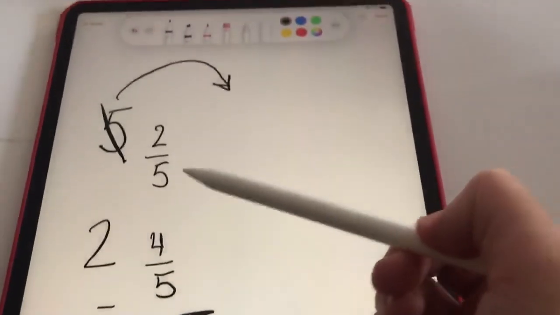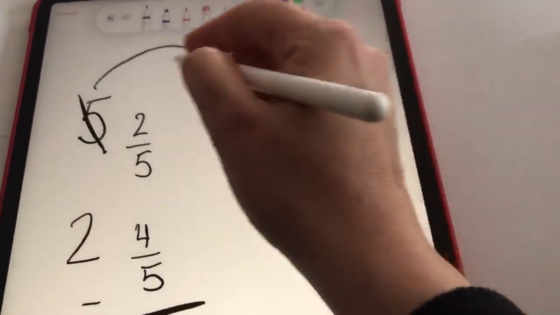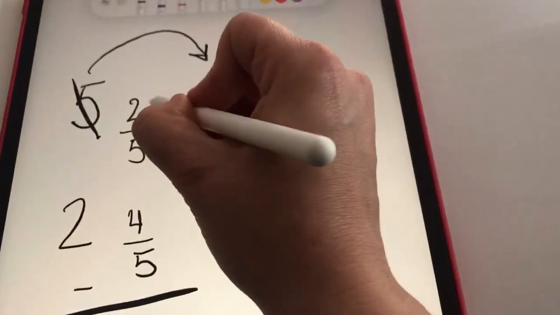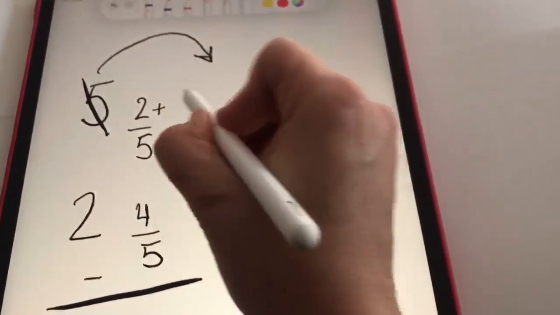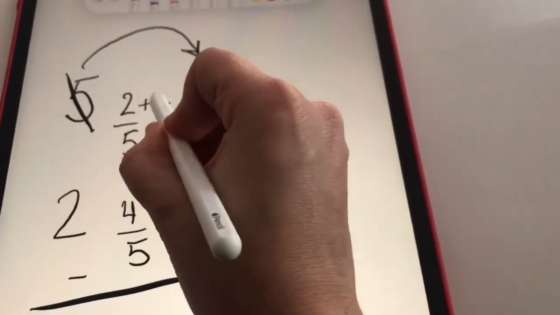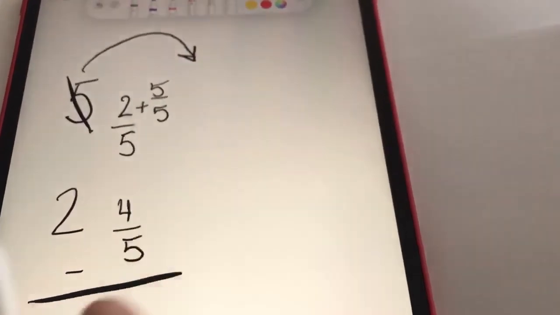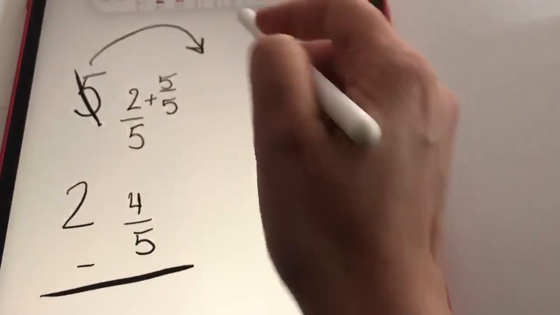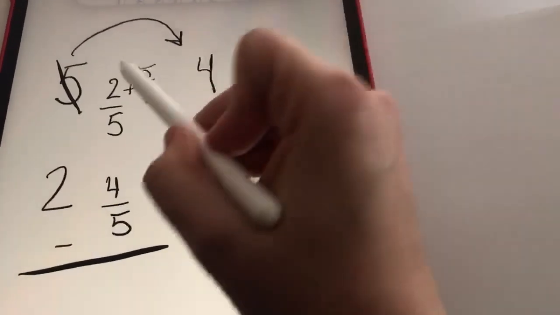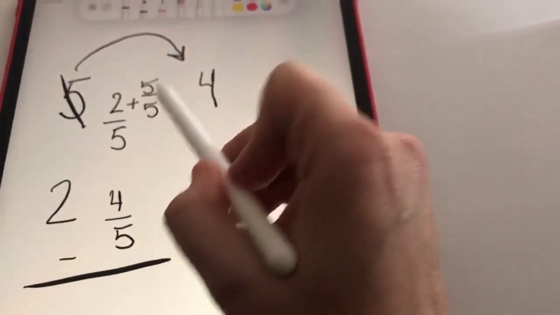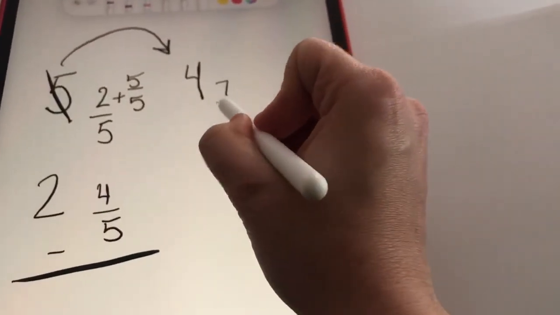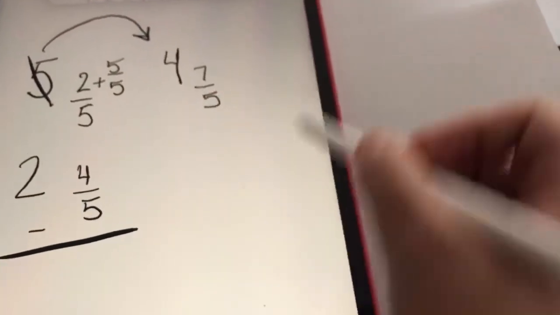If I'm borrowing a whole, I am going to rename that whole as 5/5, because I'm dealing with fifths here. If I've taken out a whole, then that 5 becomes 4. 2/5 plus 5/5 equals 7/5.